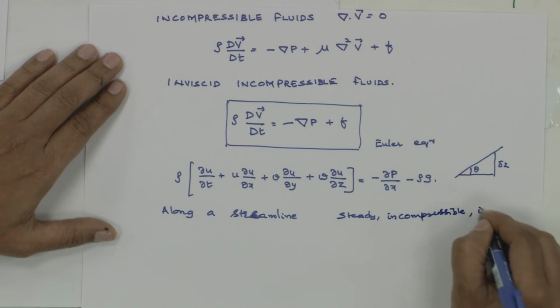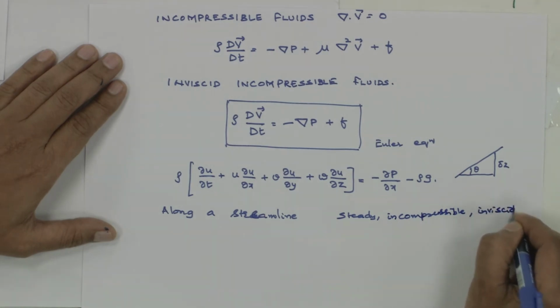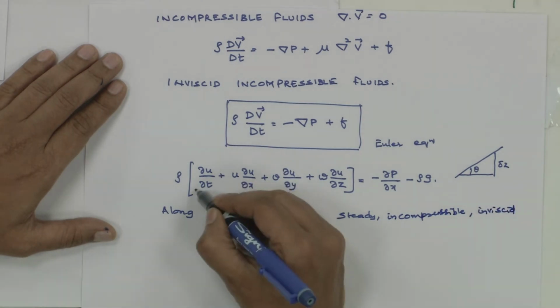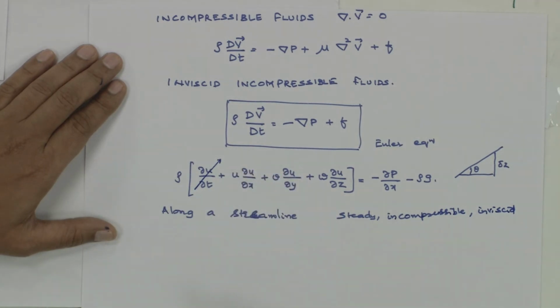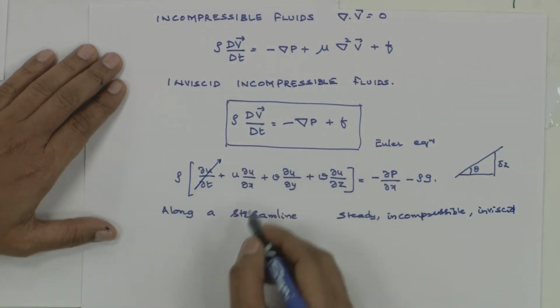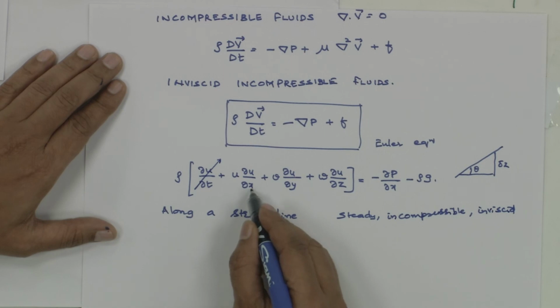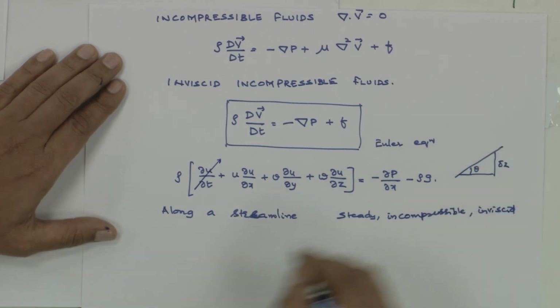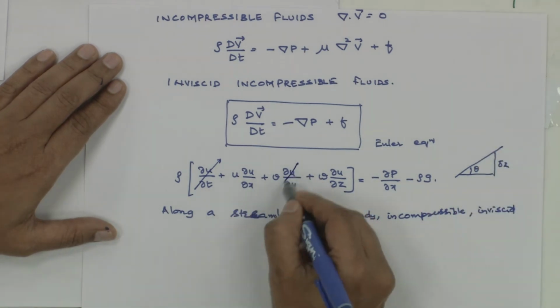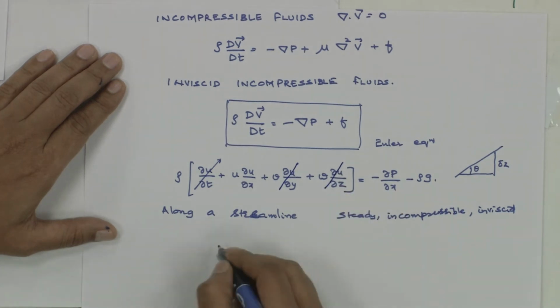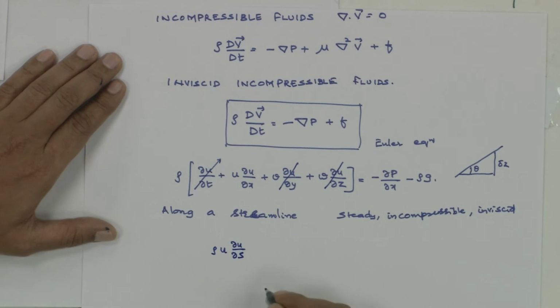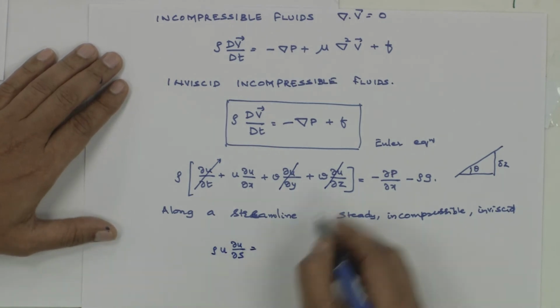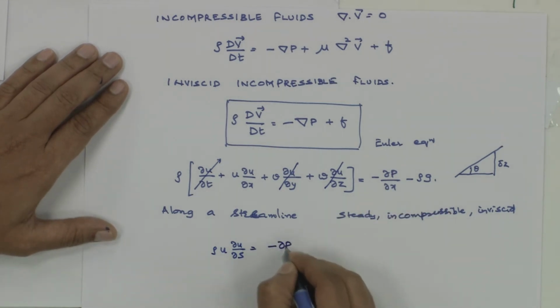Correct? Inviscid I have already taken, viscous terms I have already removed. Steady means del u by del t is going to go away. Along a streamline means if I take s as the direction of the streamline, this term will vanish, this term will vanish. I will be ending up with rho u del u by del s is equal to minus del p by del s, that is along a streamline.